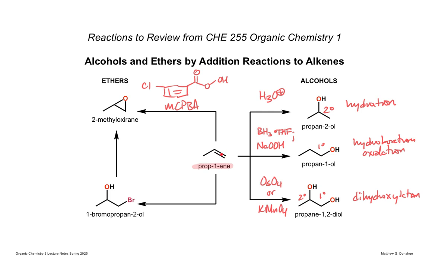The pi bond is nucleophilic, so it's going to donate electrons to that oxygen. And then you end up with an epoxide. So the epoxide is the three-membered ring ether.